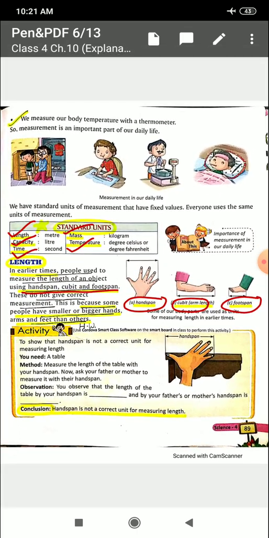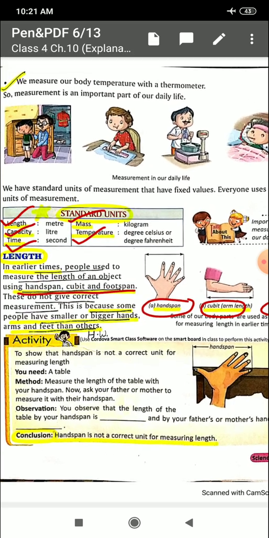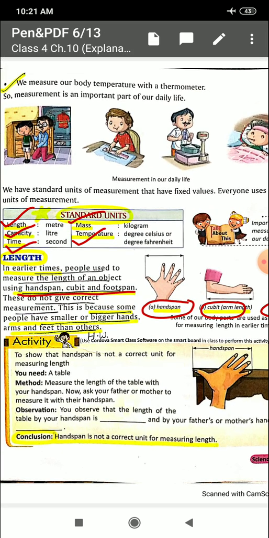Actually these are non-standard units to measure length. Why, children? Because these body parts or non-standard units will not give the correct measurement. Why so? Because some people have smaller or bigger hands, arms and feet than others.